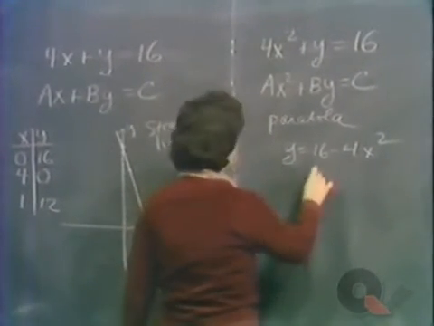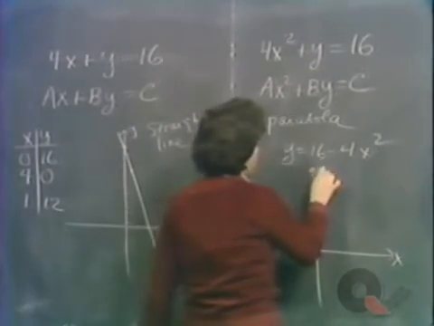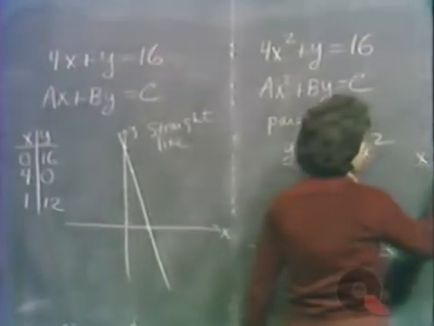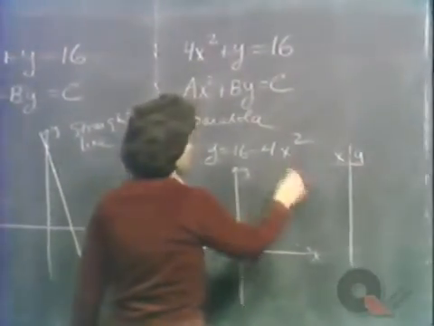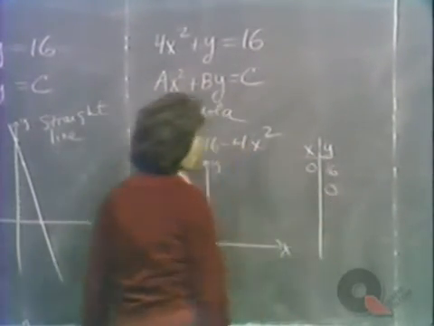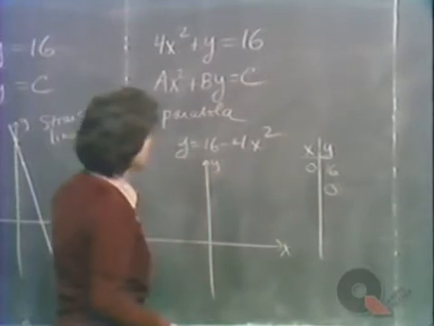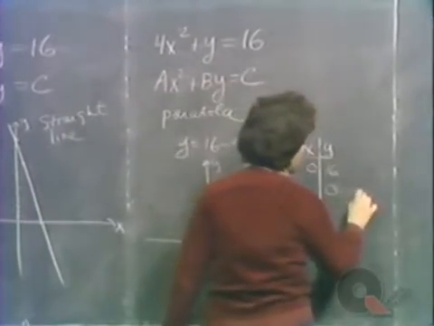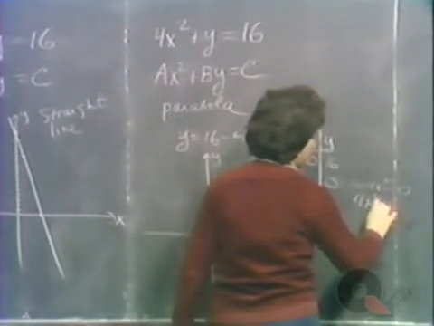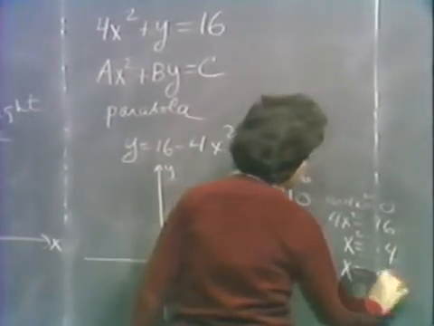Okay, let's try to sketch the graph here. Once again, intercepts are very useful points to have. When x is equal to 0, y is equal to 16. When y is equal to 0, we get that 16 minus 4x squared equals 0. 4x squared equals 16. x squared equals 4, x is plus minus 2.